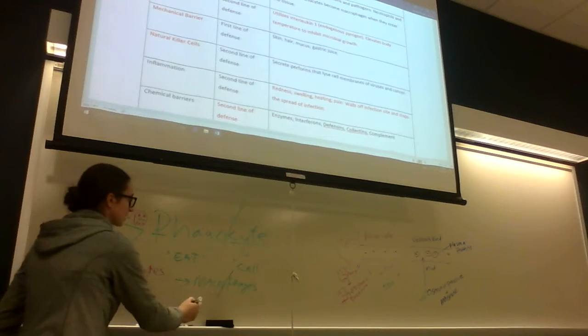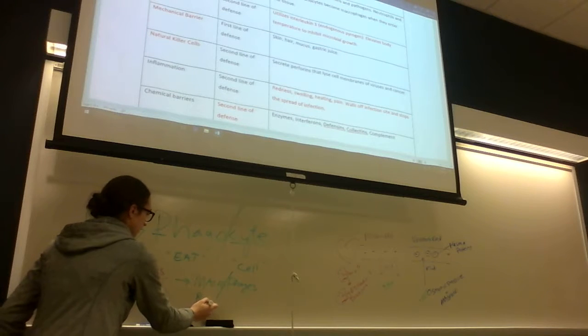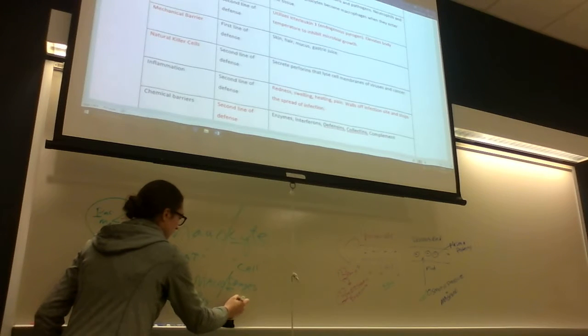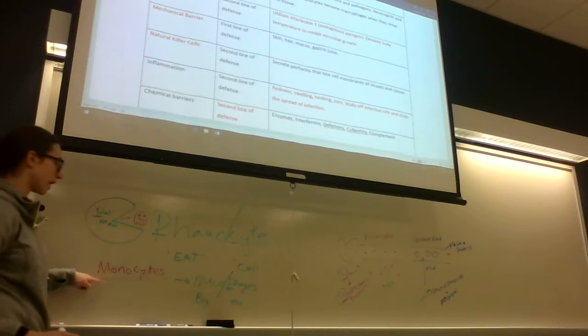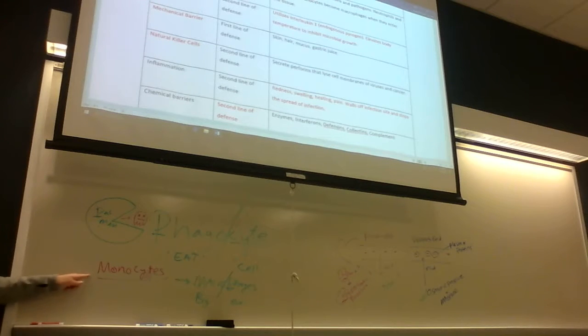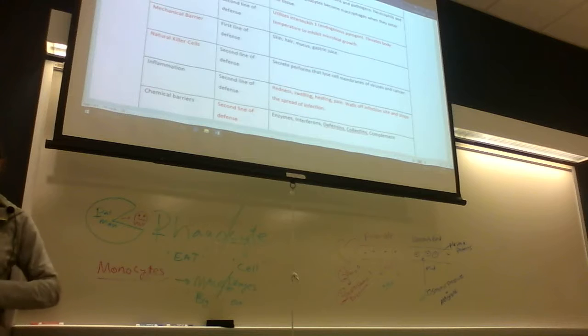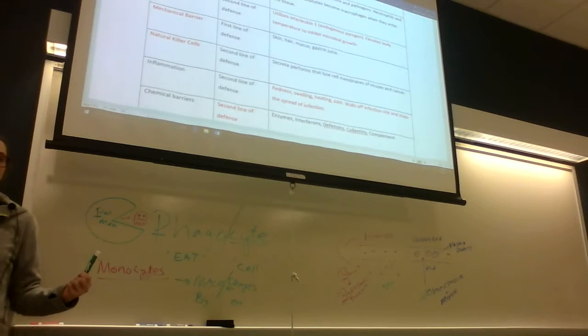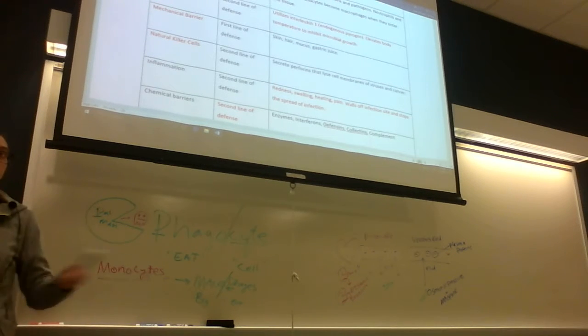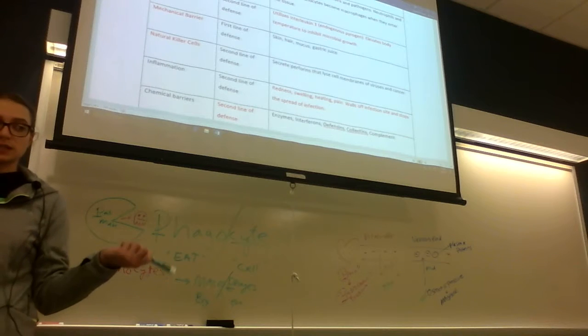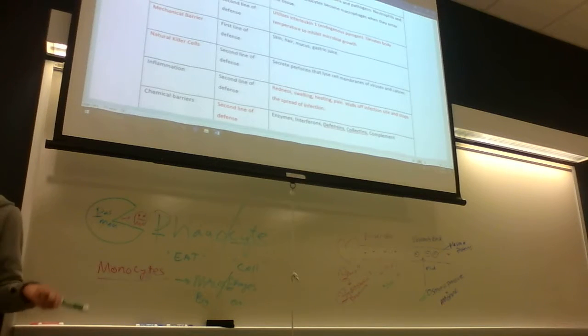When you break it down, macro means big, and phage means to eat. So your monocyte white blood cells become macrophages when they go into the tissues. Which is nice, right? We want our monocytes to leave our bloodstream and go into our tissues to eat up any bacteria that's gotten into our tissues. So that's kind of nice.